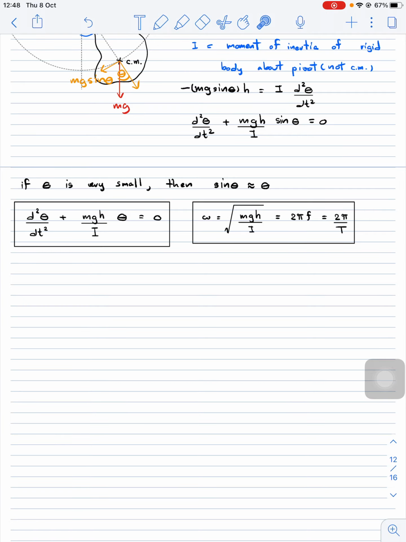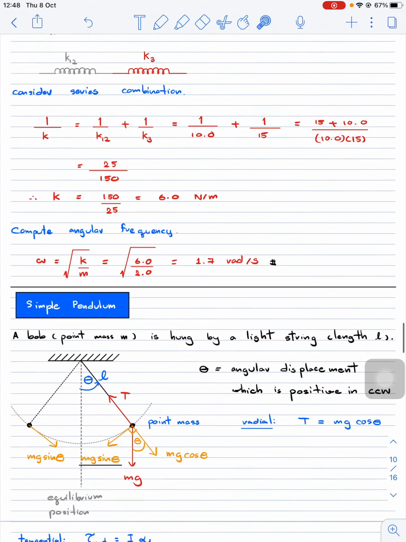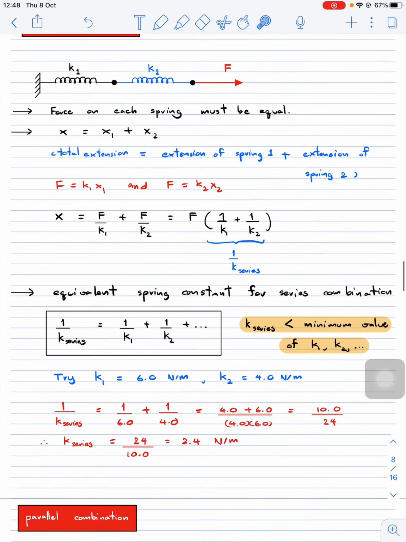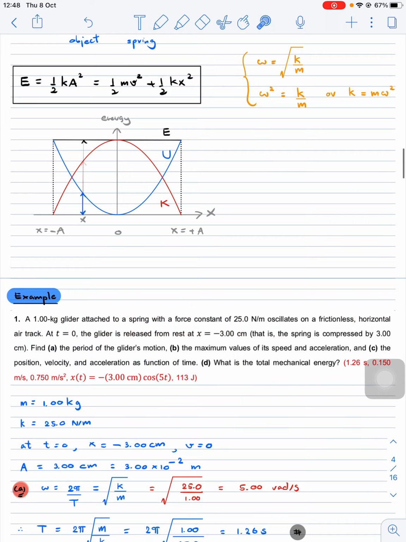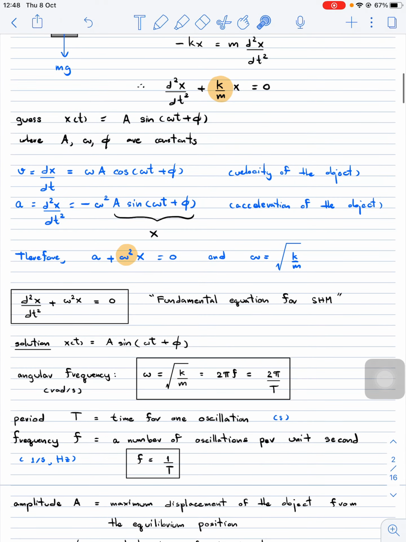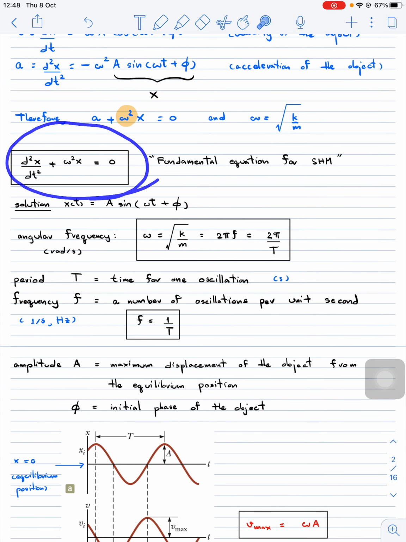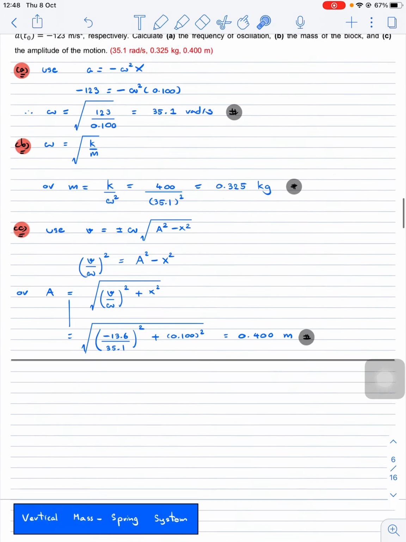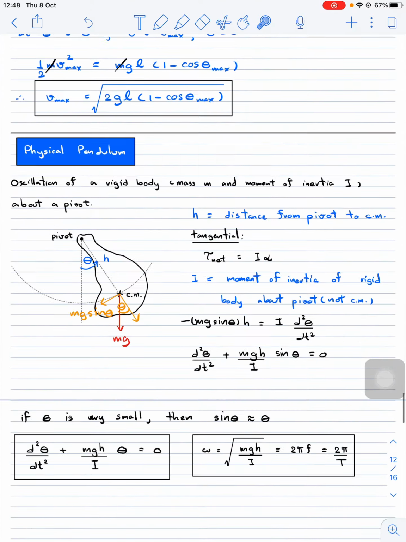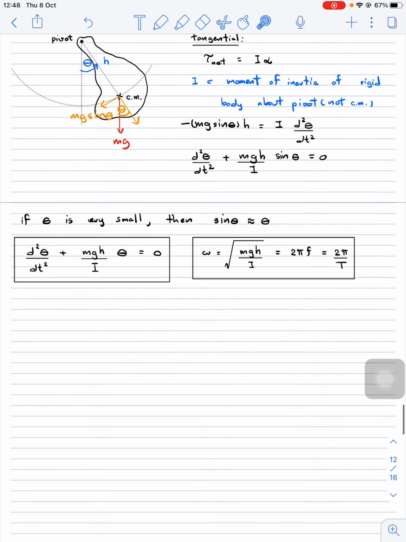If we compare this equation to the fundamental equation of simple harmonic motion, the constant in front of the variable is equal to omega squared.